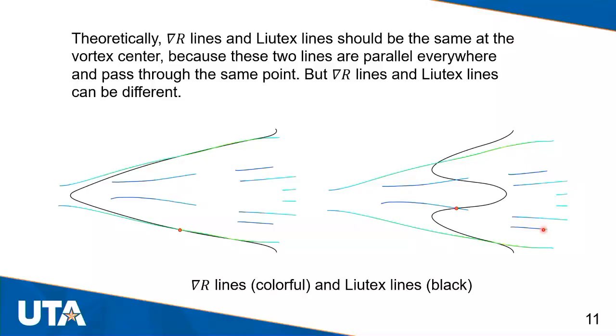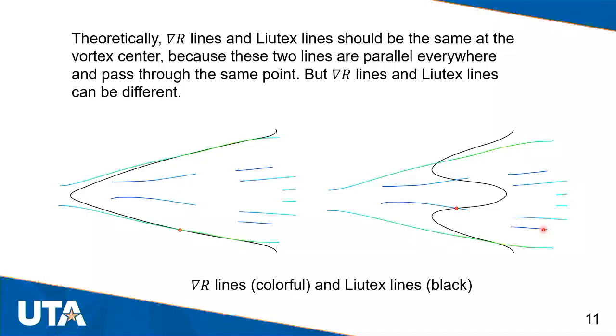The colorful lines are the gradient lines, and the color represents the vortex strength. At the blue, the vortex strength is quite weak, and we draw the gradient line and the vortex line from the same point. You can see a big difference.